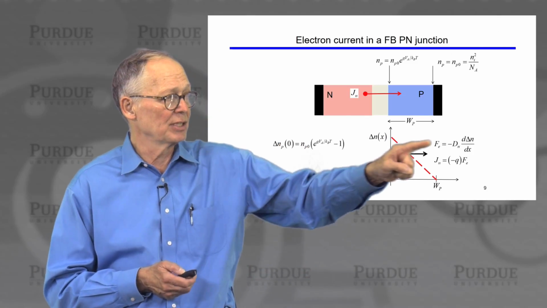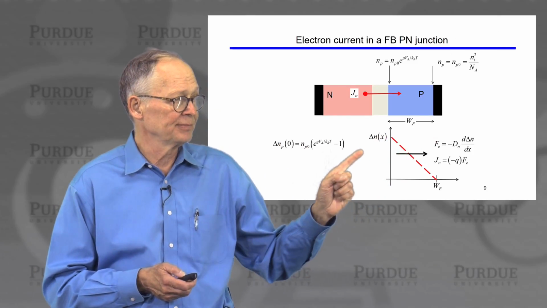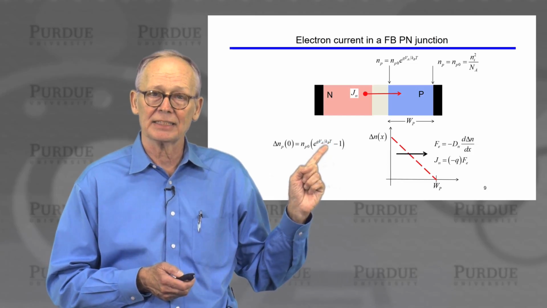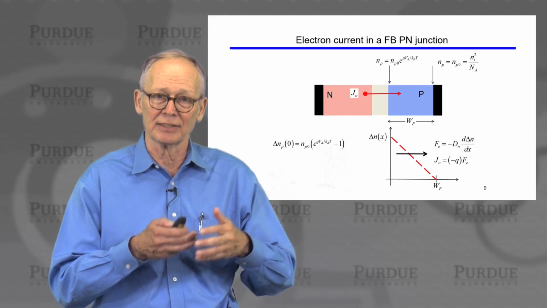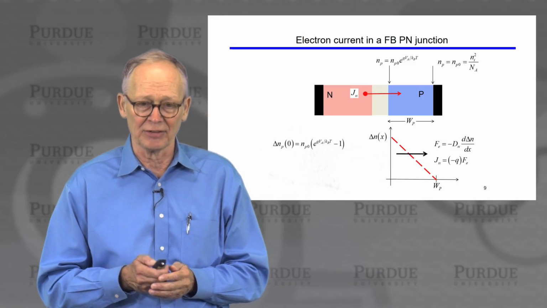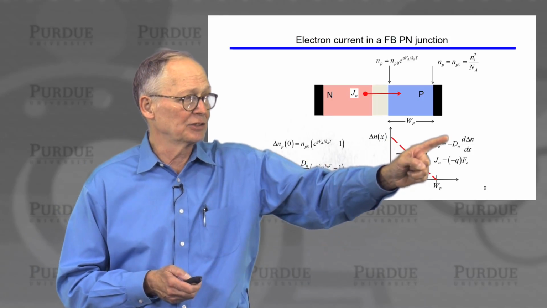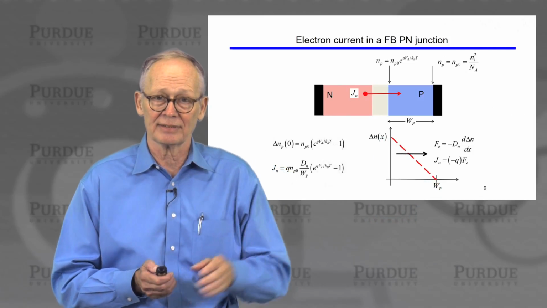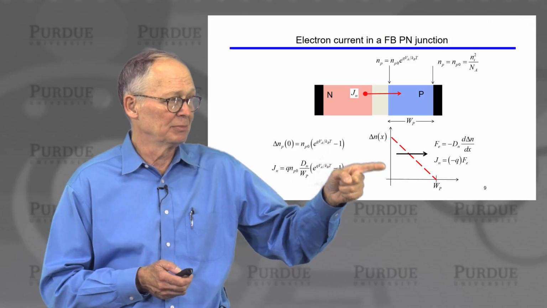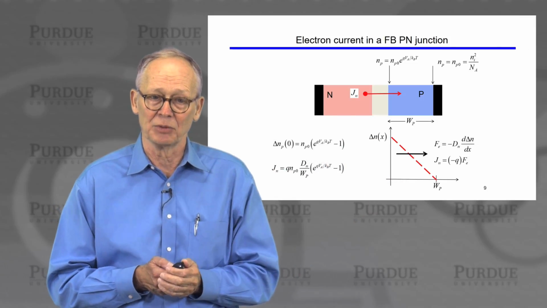We know the concentration of electrons at the beginning of that region. It has increased exponentially from its value in equilibrium, so the excess concentration is its new value minus its equilibrium value. The concentration at the contact is 0. The concentration gradient, we just divide the maximum by the minimum and then divide by the width.